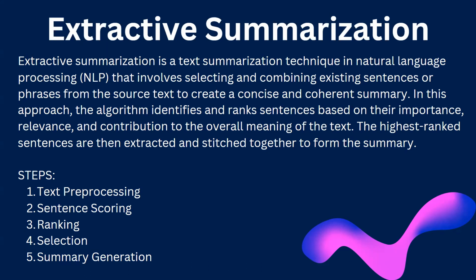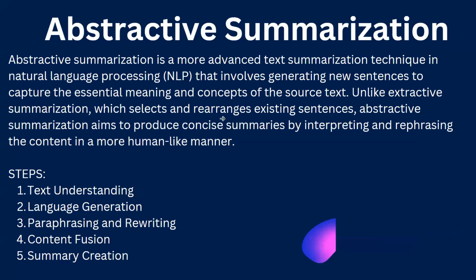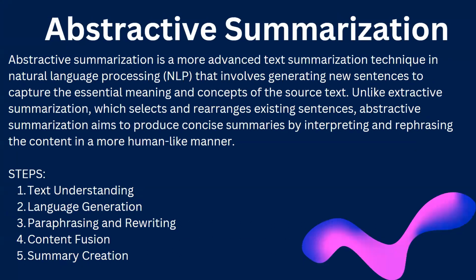Despite these limitations, extractive summarization techniques have proven useful in various applications such as news article summarization, extraction from the web pages, and document summarization. So this is what about the extractive summarization. Next, we'll look into abstractive summarization.